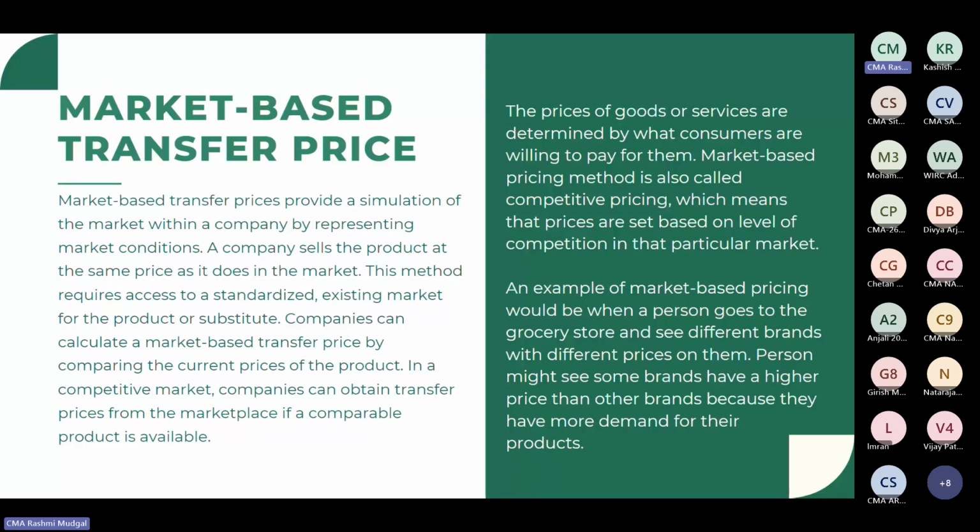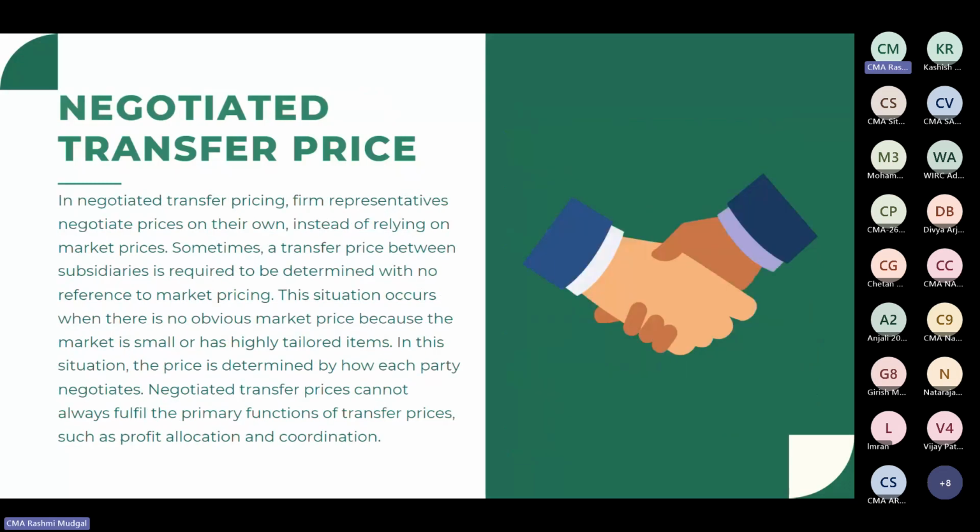Which means the prices are set based on the level of competition in the particular market. In this scenario, only the market runs the profitability, not the cost of production, not what profit they need to make, or any kind of negotiation. So market price-based transfer pricing is being done in this.